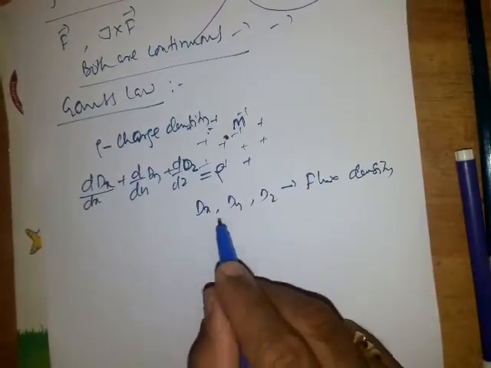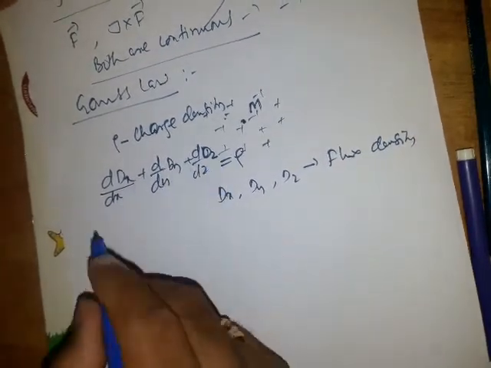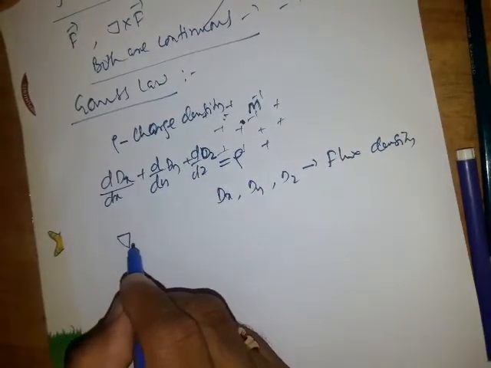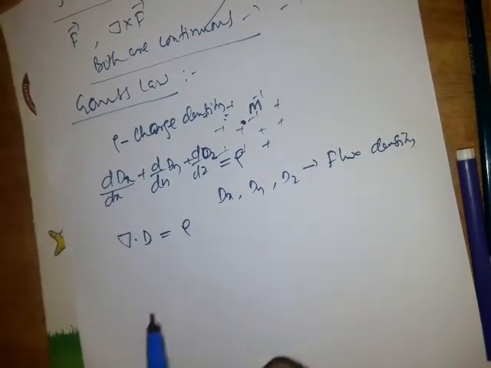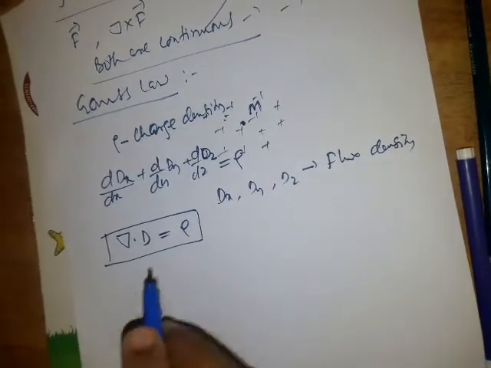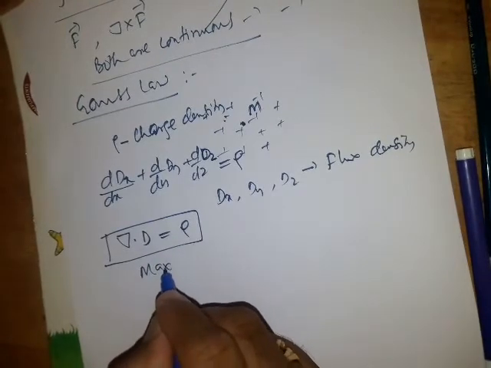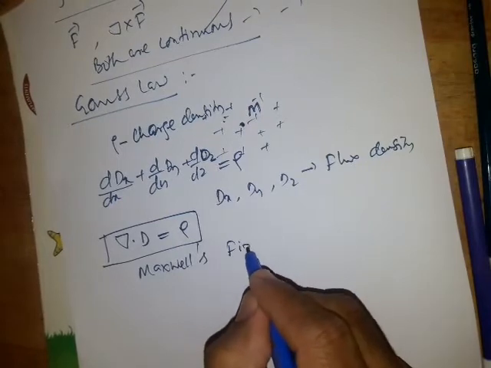This also can be written as divergence of D is equal to rho, and this is known as Gauss law, and it's also known as Maxwell's first equation.